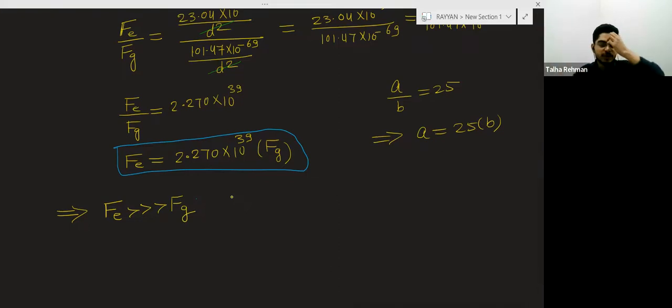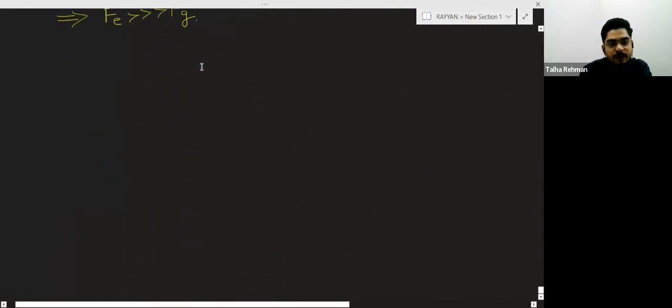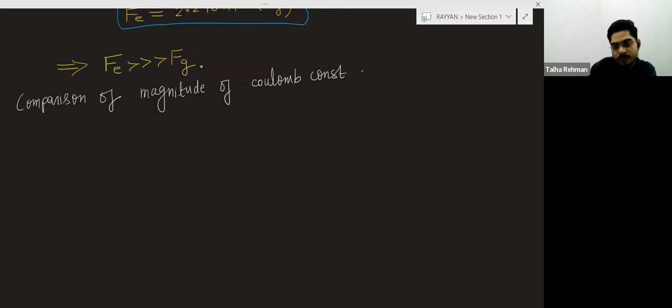Okay, now there is one more topic here. If we compare the constant of the electric force and the constant of the gravitational force, in Coulomb's law we have seen, suppose I want a comparison of the magnitude of the Coulomb constant and the universal gravitational constant.